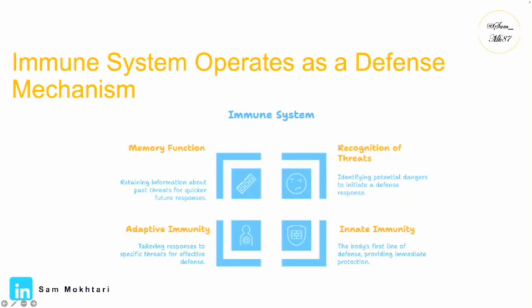There are also two main branches of the immune system: innate immunity and adaptive immunity, which I'm going to cover in more detail. Another functionality is the memory function. The immune system remembers previous infections, and these memory cells enable a faster and stronger response if the same virus or bacteria attacks again.